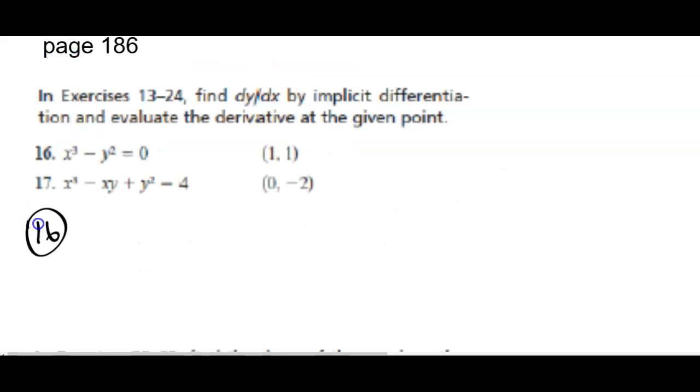Alright, I'm gonna do 16. Find dy over dx. Alright, so this is 3x squared minus 2y dy over dx equals 0.